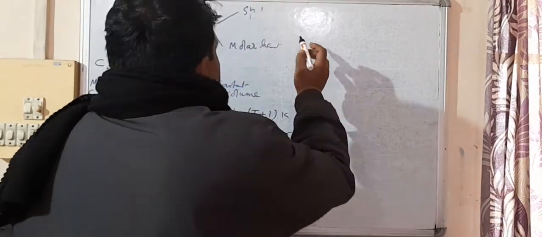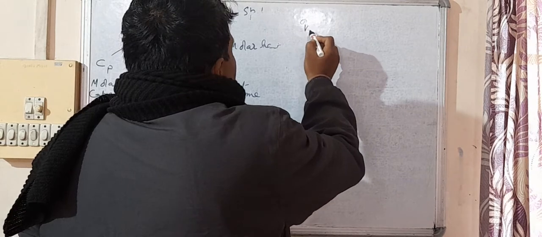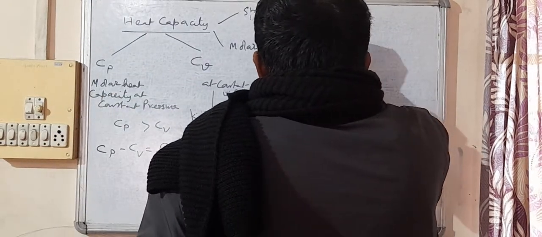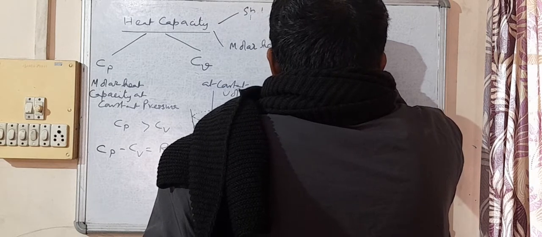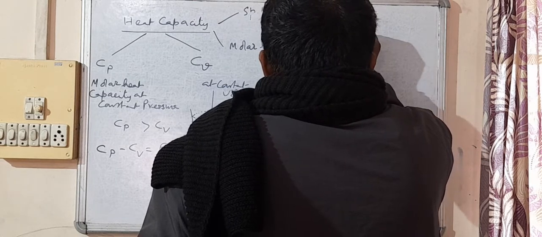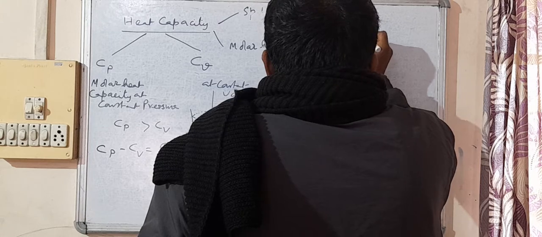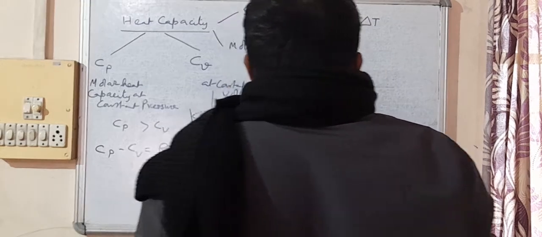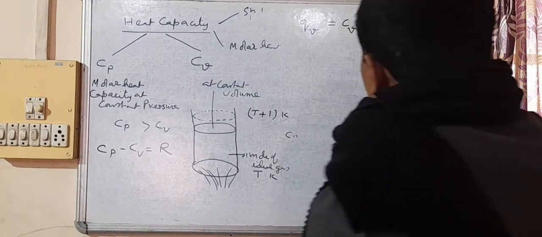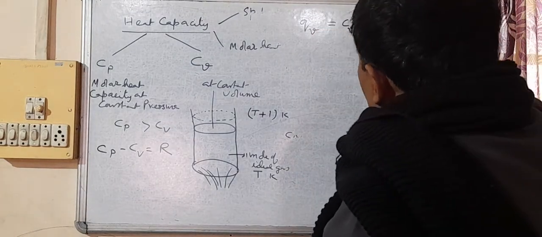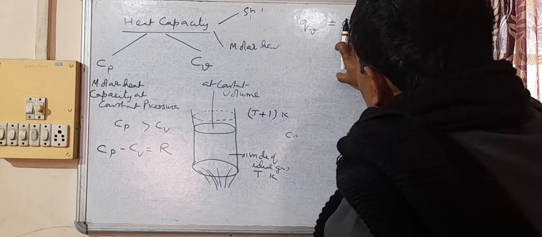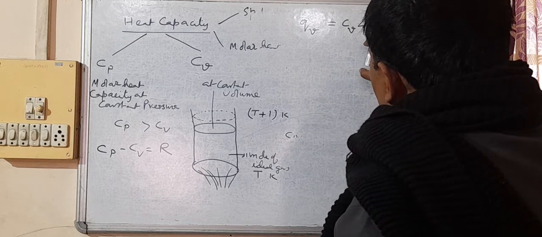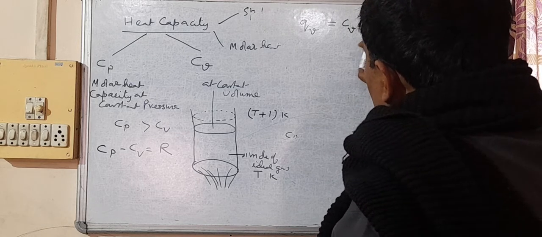Now you see, heat at constant volume is equal to Cv into delta T. Okay, the heat required is molar specific heat into rise in temperature, that we can write.